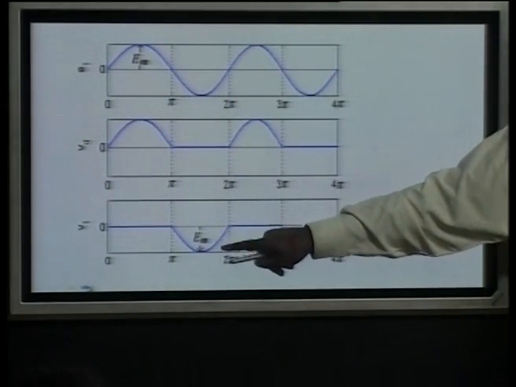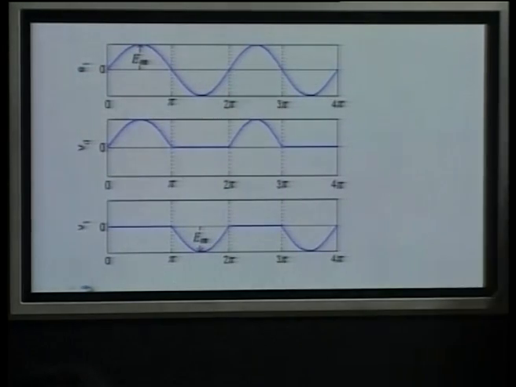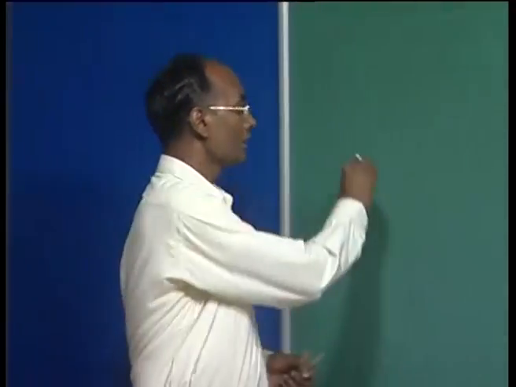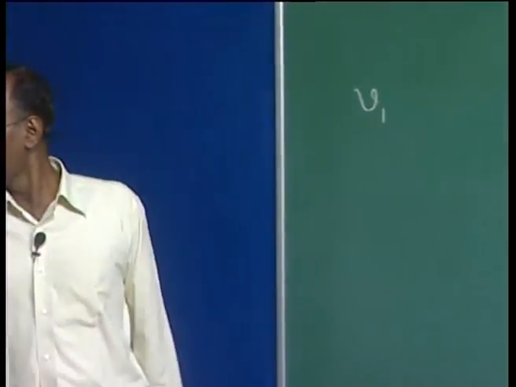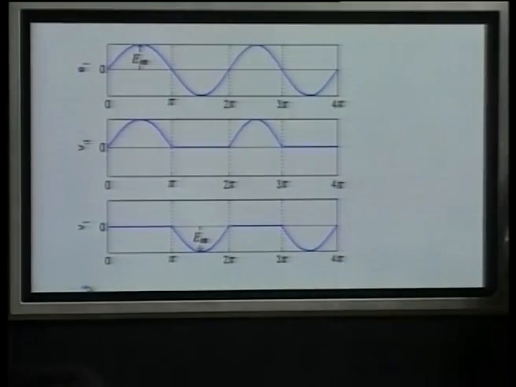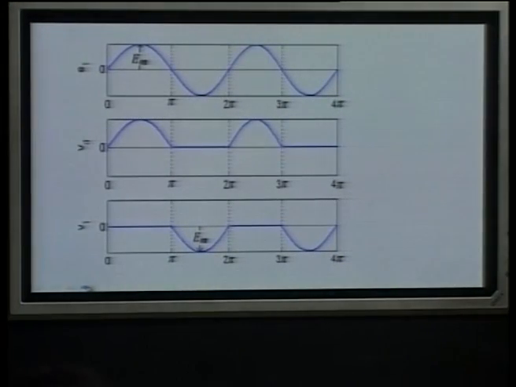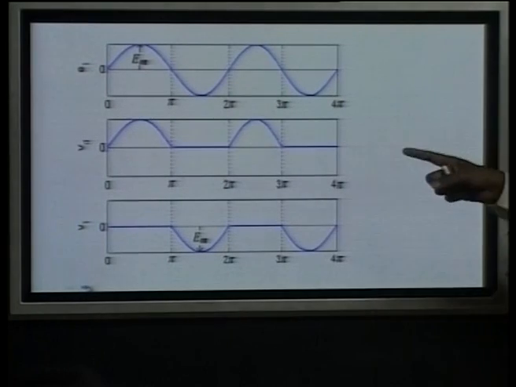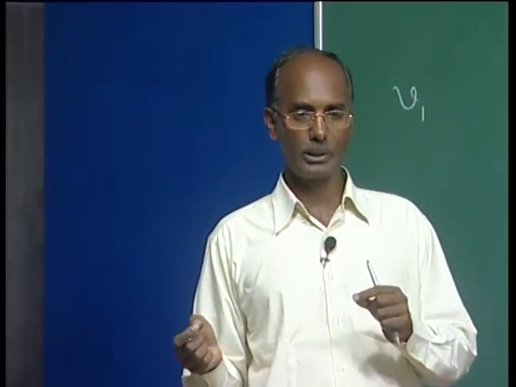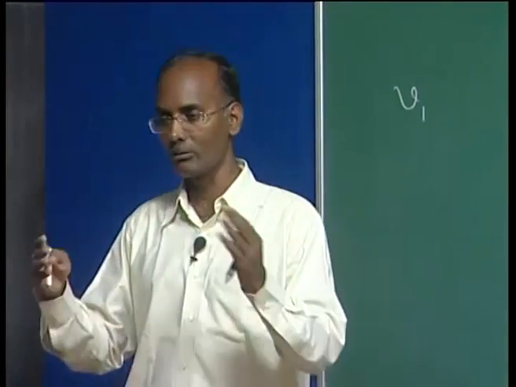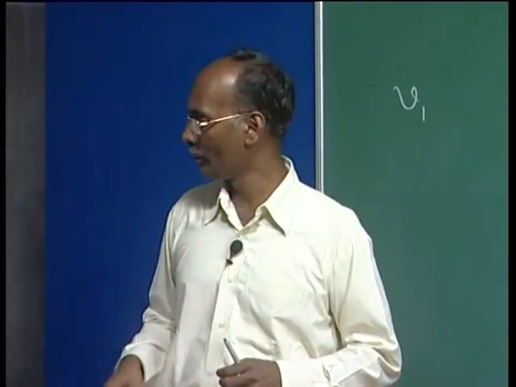This is called the peak inverse voltage, and I am writing it as V1, where the 1 denotes the voltage across the first valve. In this case only one valve is there, so V1 is denoted. Later, when we use 2 valves, V1 and V2 will be used, and if we use 6, then V1 to V6 valve voltages.